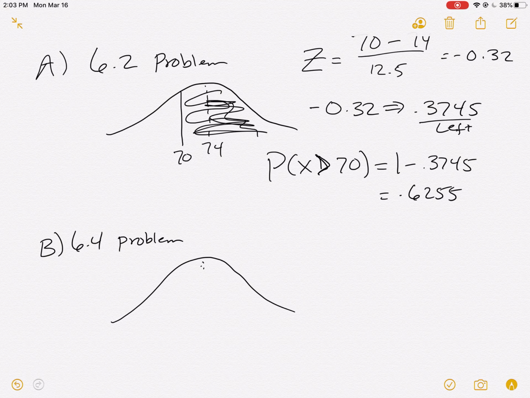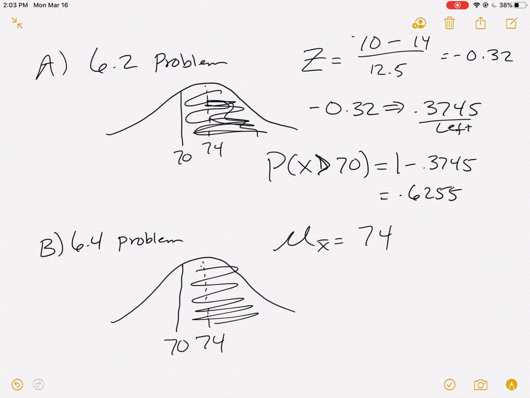If you remember, the first thing that we have to do if we recognize that we're in a group is to realize that the mean's going to stay exactly the same. So we're still going to have a 74 right in the middle. They're still asking about 70, but the question's slightly different. The pictures look exactly the same, but we're going to get a slightly different value because our standard deviation for the group is no longer going to be 12.5.